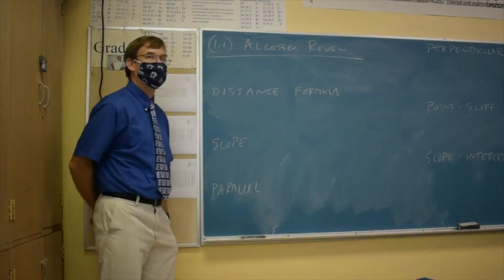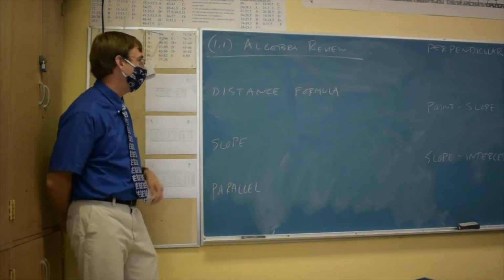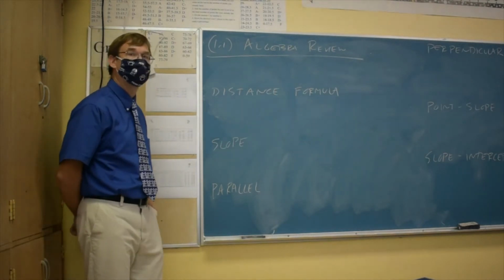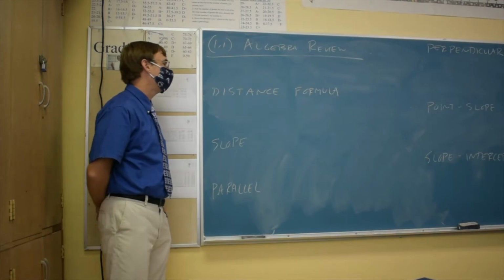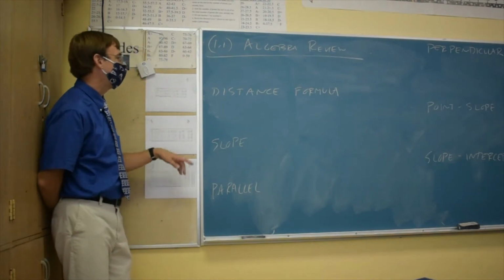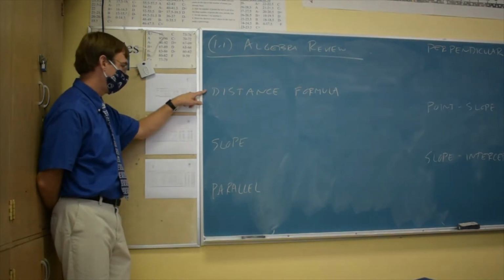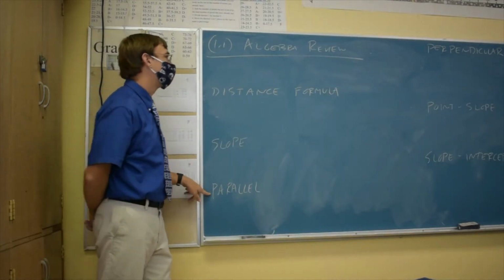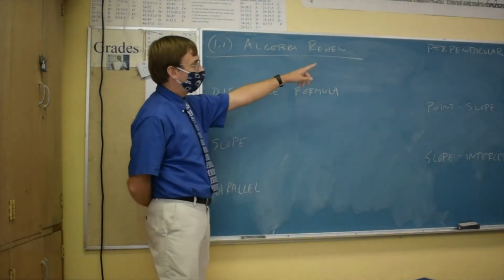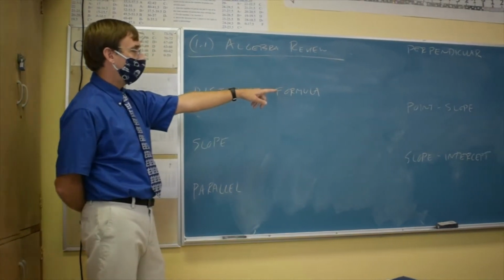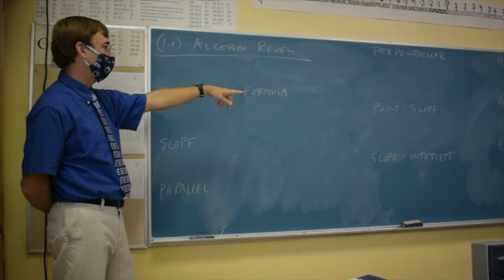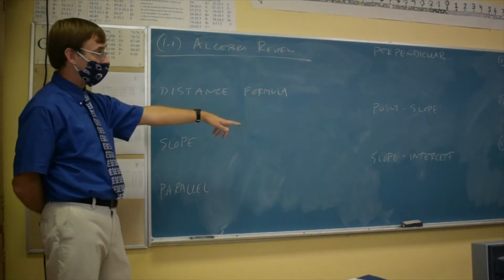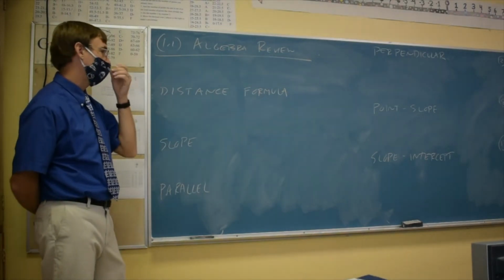So what I'm asking you to do is tap into the algebra part of your brain, wherever you have algebra stored, and see if you can remember anything about the distance formula, slope, parallel lines, perpendicular lines, point slope equations or point slope form, slope intercept equations or slope intercept form.